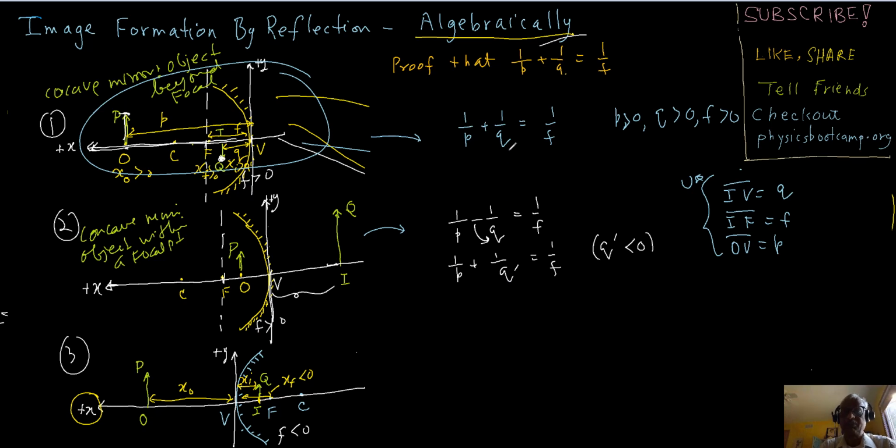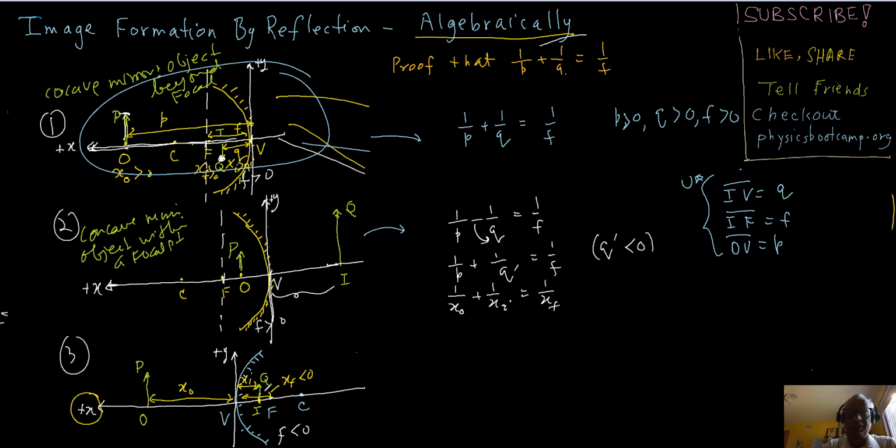I can think of the formula in the same format, but the sign will come. Or if I were to just write down x object plus x image equals x focal, using this coordinate x, I don't have to worry about remembering a sign convention.